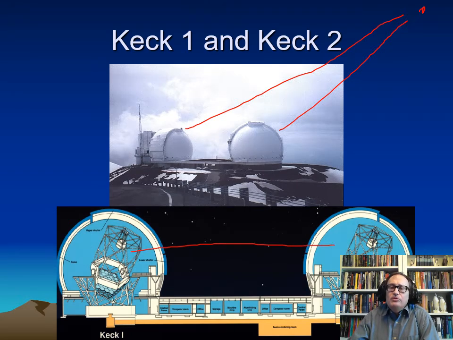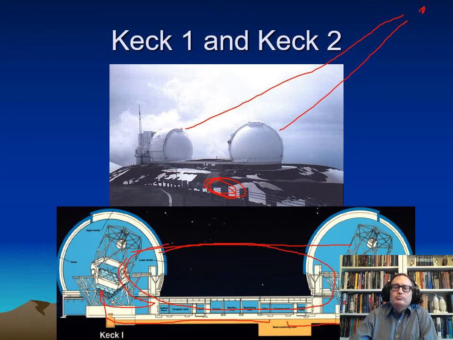Now the light of one of them can be fed underground, and the light of the other fed underground, and then put together in the laboratory underneath. Now you have an optical interferometer. Each one of these is a monster telescope, and now you can simulate the resolution of a telescope that big, which is going to be much, much better.